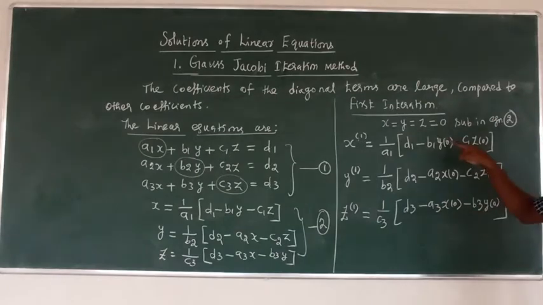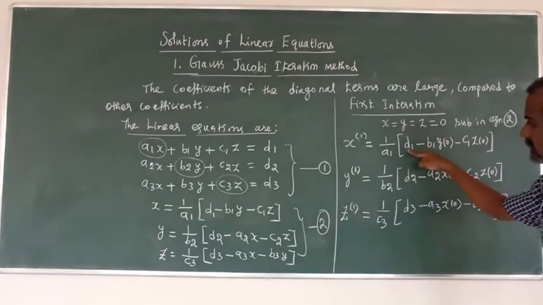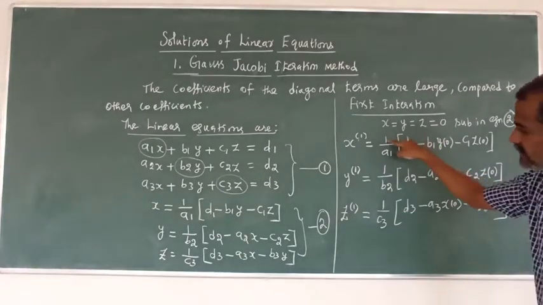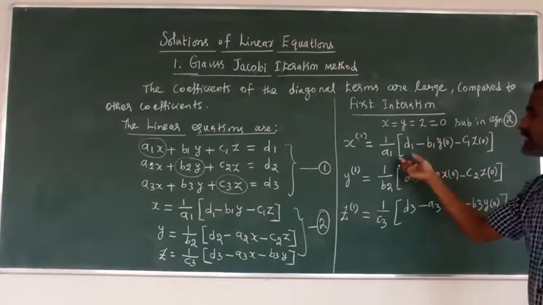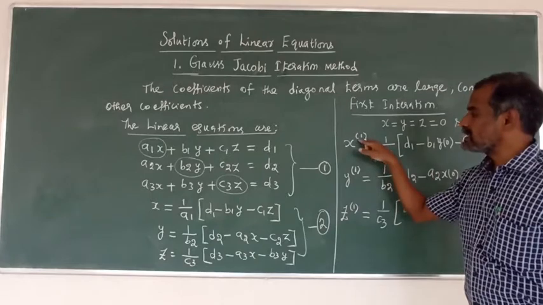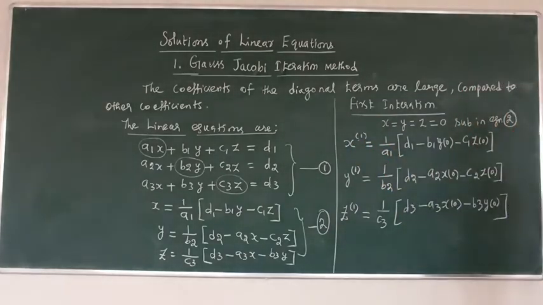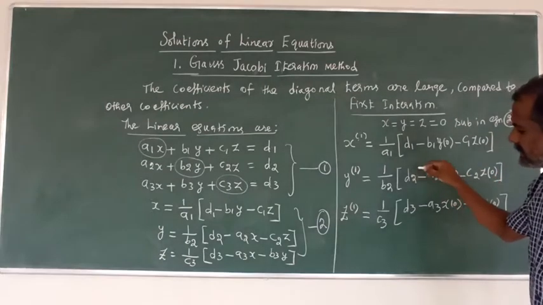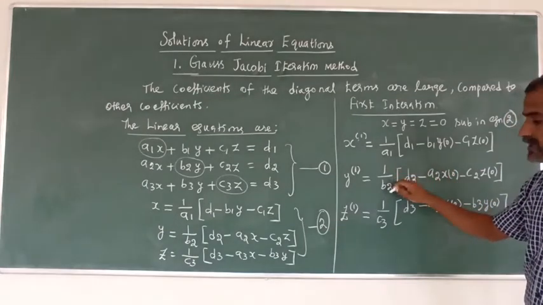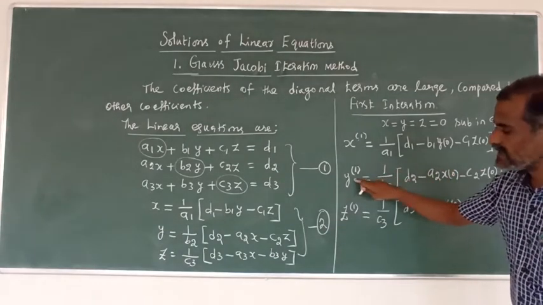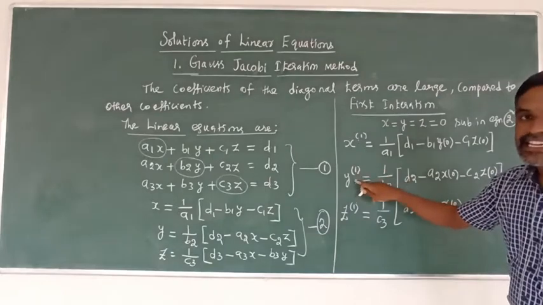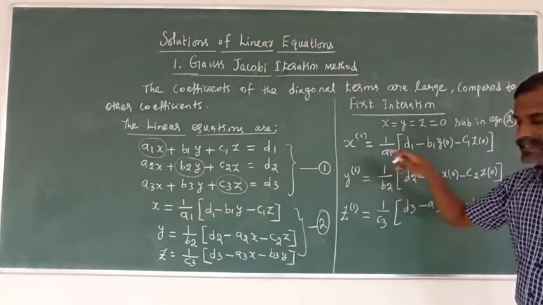Now here the y value and z value are 0, so d1 divided by a1 gives the first iteration result of x. Next, the x value and z value are 0, so we get d2 divided by b2, which gives the first iteration result of y.